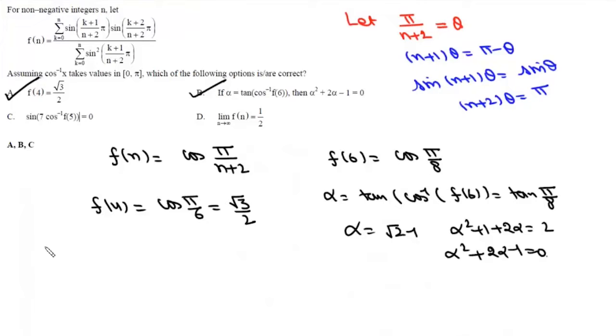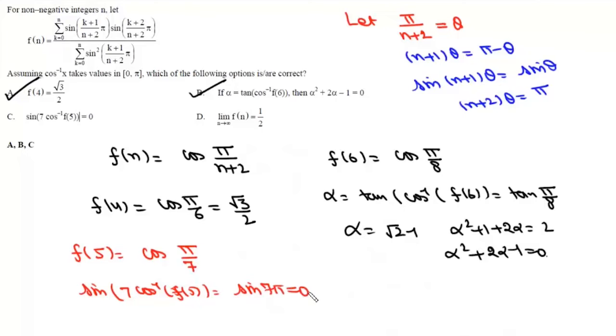Now for C, we need to find f5. f5 is cos pi by 7. Now sine of 7 cos inverse f5 will be sine 7 pi, and sine 7 pi is 0.